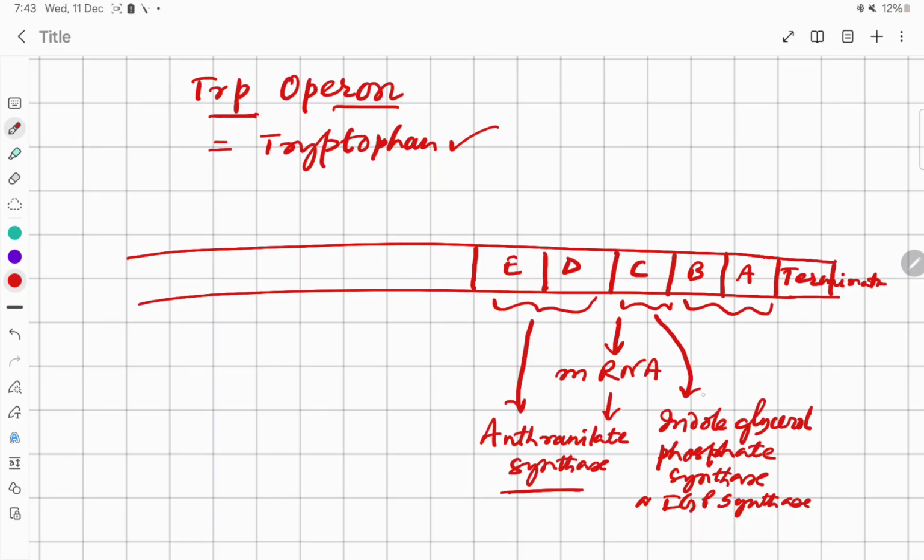C is responsible for production of this enzyme, and these 2 genes, TRPB and TRPA, are required for the synthesis of tryptophan synthase.